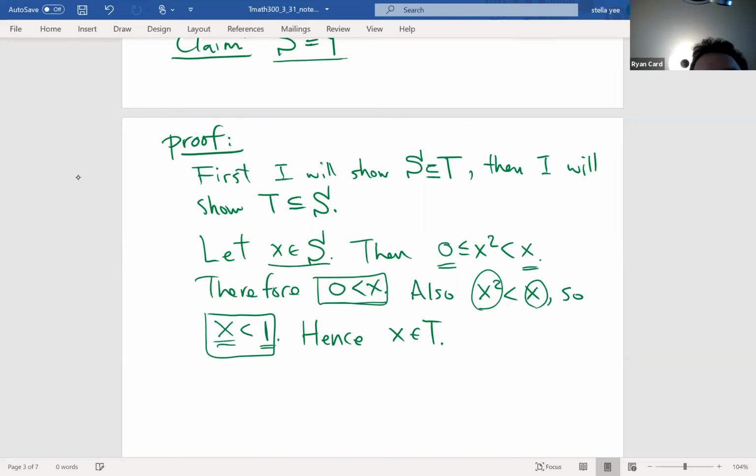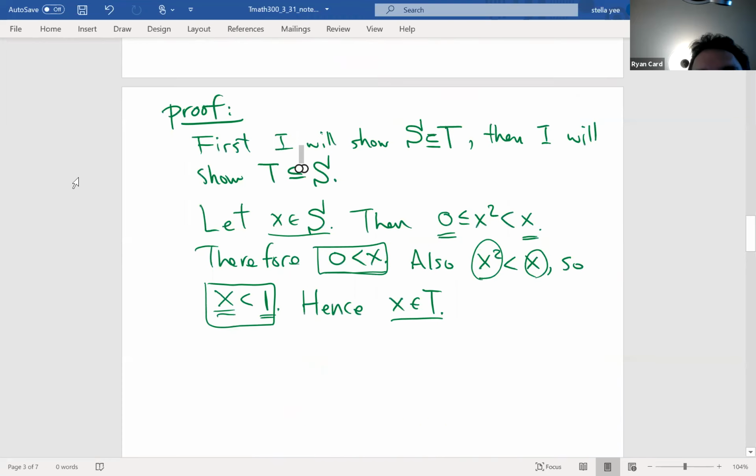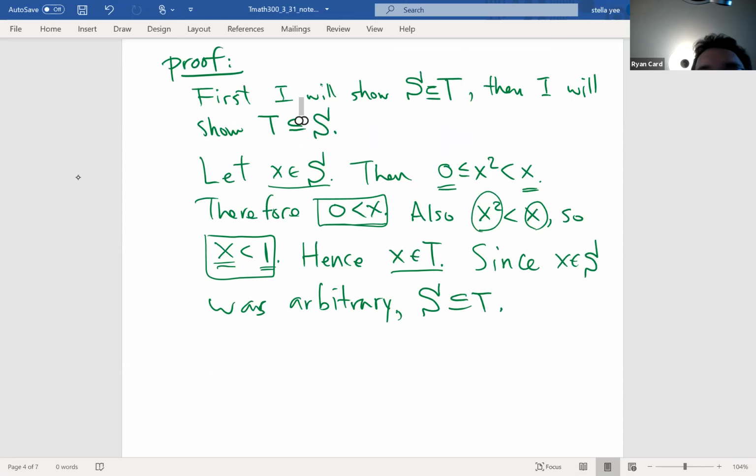We started with x in S, and we've shown that x satisfies the criteria to belong to that set T. Okay, since x in S was arbitrary, S is a subset of T. It could have been any element in S, and the same argument will show that it also belongs to T. Okay, so we've shown the first half: S is a subset of T.